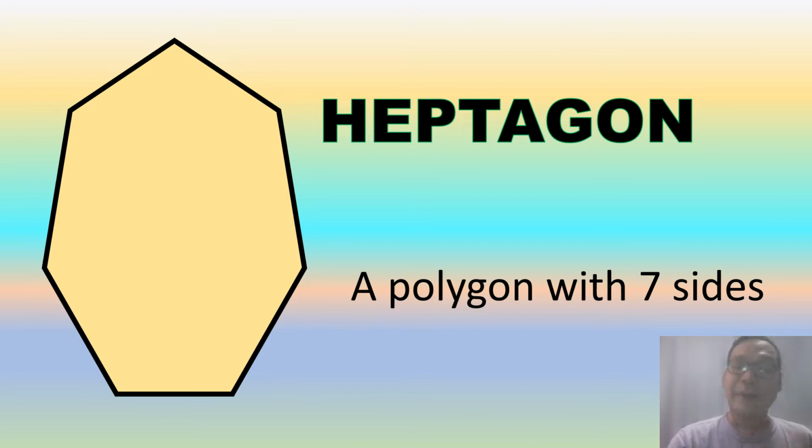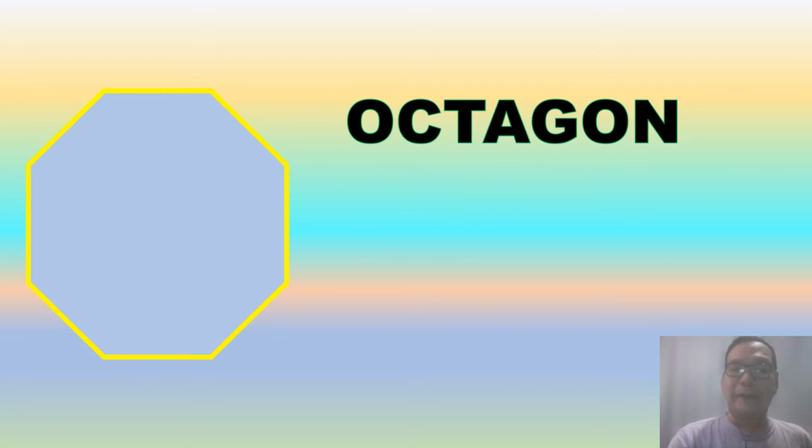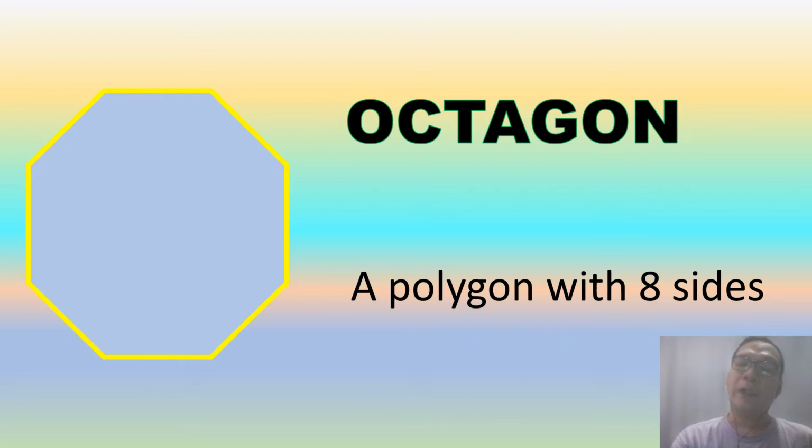Obviously, it has seven sides, so it also has seven vertices. So, please be mindful of the terms. Hexa is a polygon with six sides. Hepta has seven sides. Next, a polygon with eight sides and eight vertices is called an octagon.